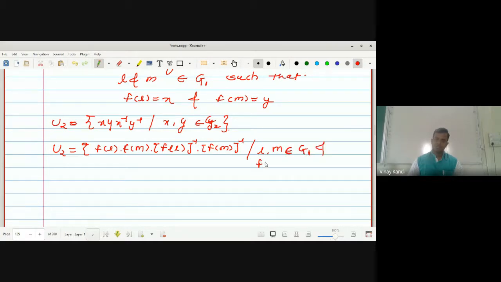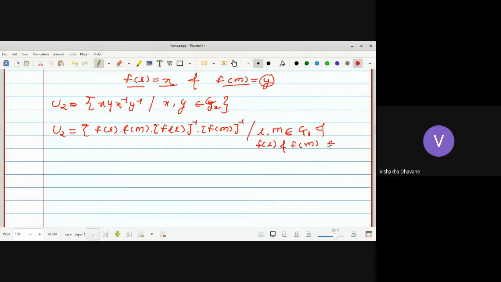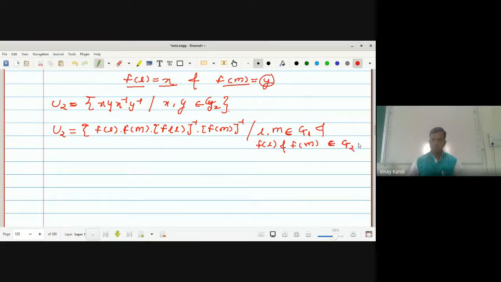And f of l and f of m belong to, where? G2. This belongs to G2. Now this is the definition of U2. That means U2 is nothing but f(l) f(m) f(l)^-1 f(m)^-1, where l and m belong to G1.